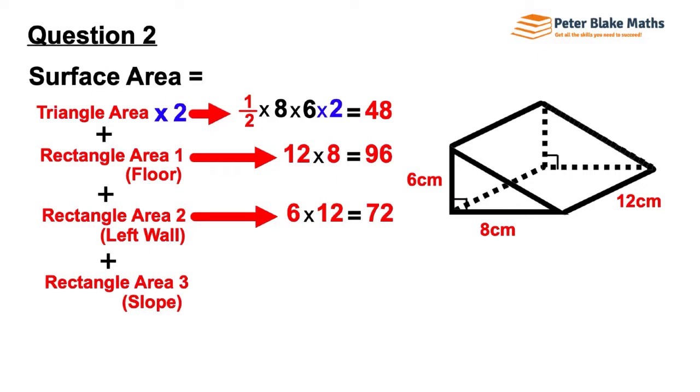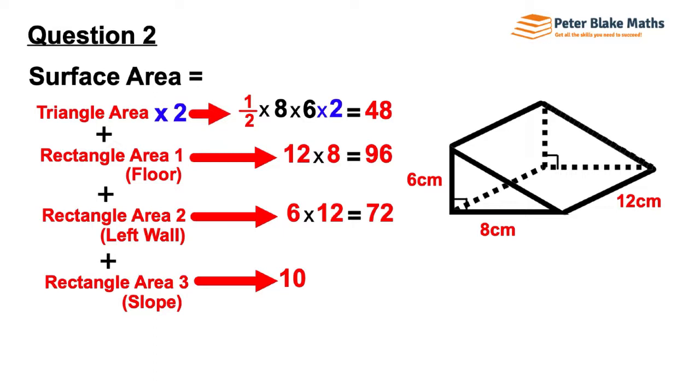And the one we haven't done yet is the slope, the rectangular area of the slope there. You can see that is going to be 10. Now, we haven't got the 10 given to us, but we know it's 10 by having a 6 and an 8 on that triangle. It's a right angle triangle, and 6, 8 and 10 is what we'd call a Pythagorean triad or Pythagorean triple.